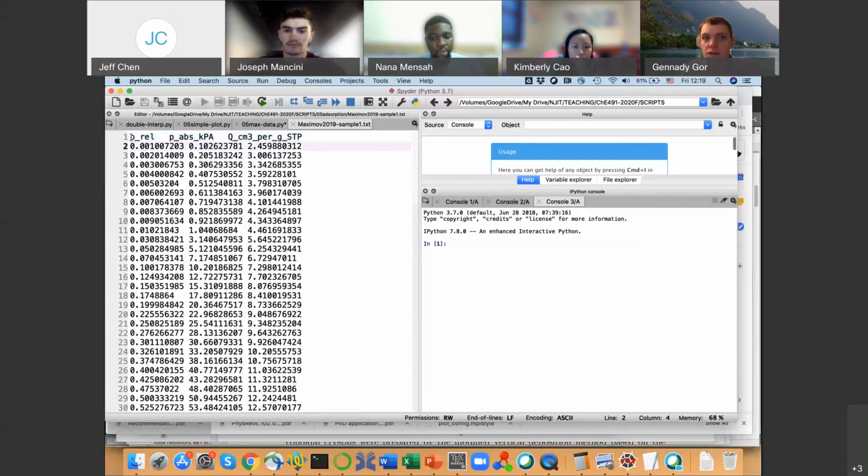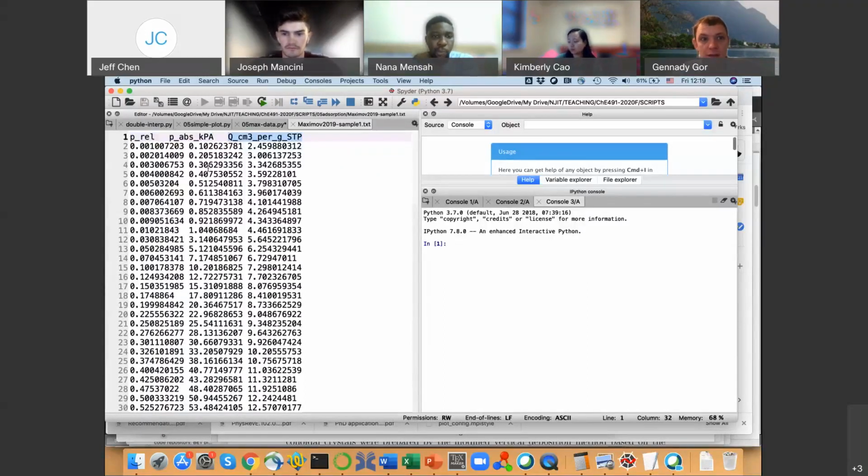So this is relative pressure. This is absolute pressure in kilopascal, and this is amount adsorbed per gram, centimeter cube per gram STP. I'm going to later talk about what it is, and this is why I need a whiteboard today. But this is an adsorption isotherm. This is an experimental adsorption isotherm.